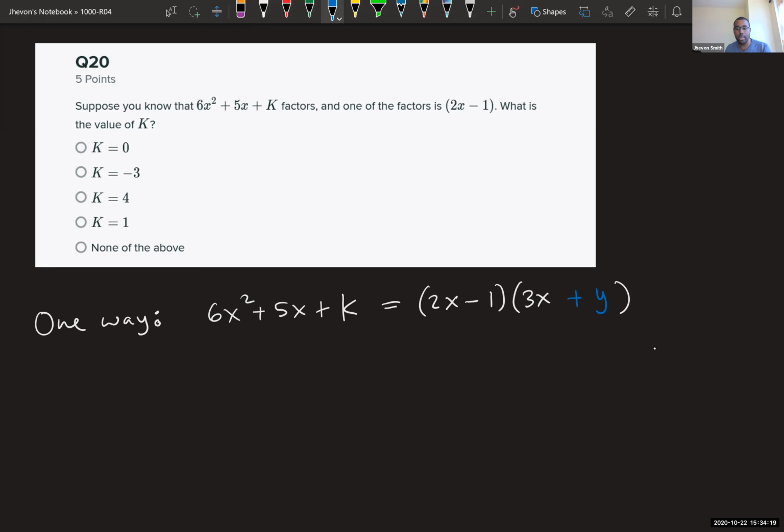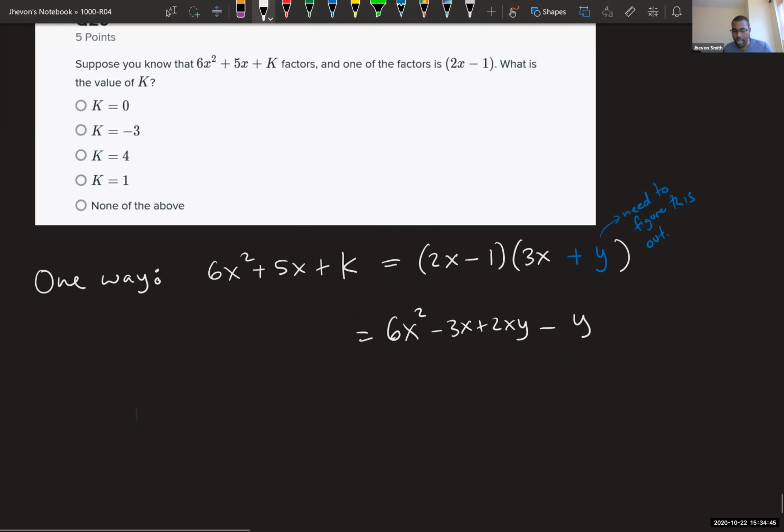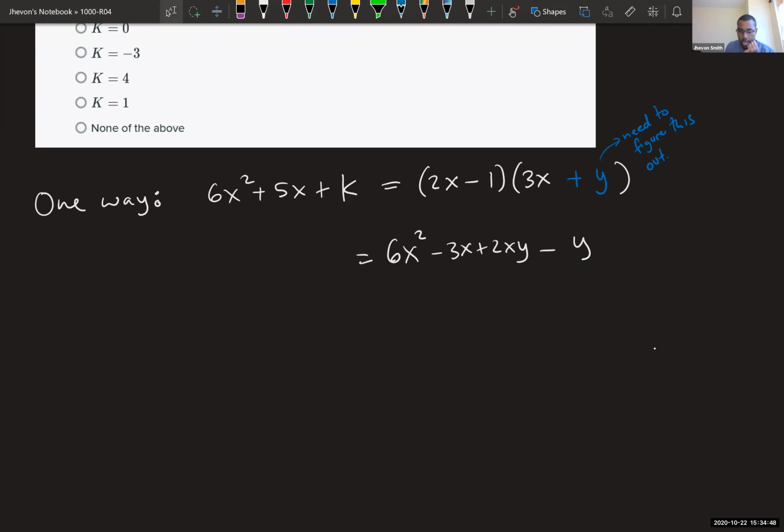Let's call it y. We need to find this. And so you can just multiply out: 6x squared, minus 3x plus 2xy, minus y. So I know that my k is going to be whatever the negative y value is. It's just going to be minus y.